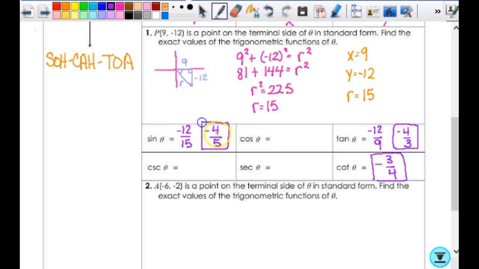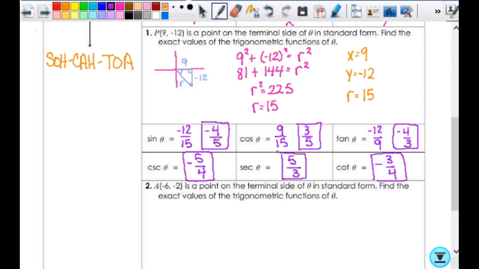Then once I find that, the reciprocal of sine is cosecant, so I get negative 5/4. Cosine is adjacent over hypotenuse, or x over r. X value is 9 over the radius, which is 15. I can reduce those both by 3, so that gives me 3/5. The reciprocal of cosine is secant, so this is 5/3.